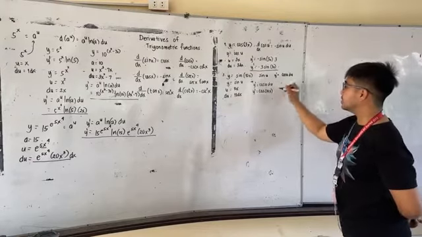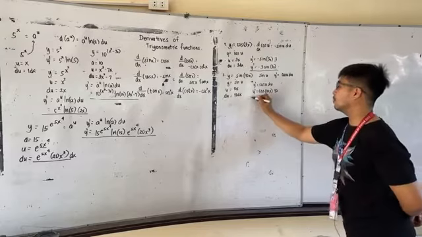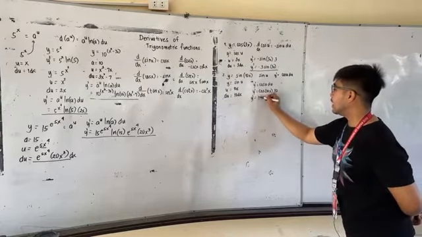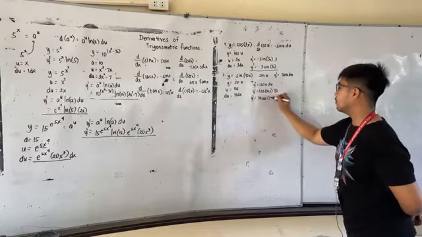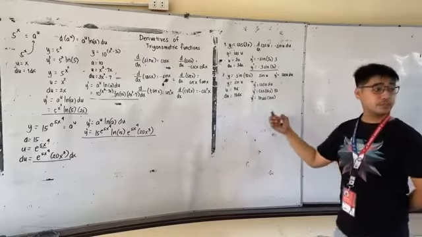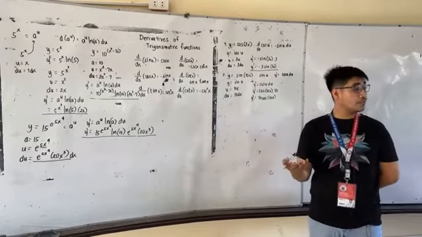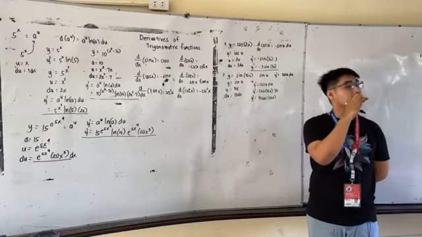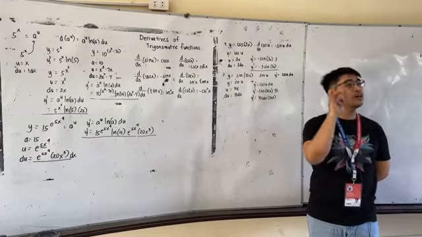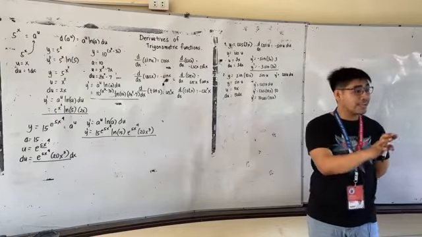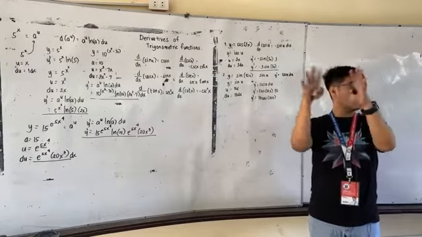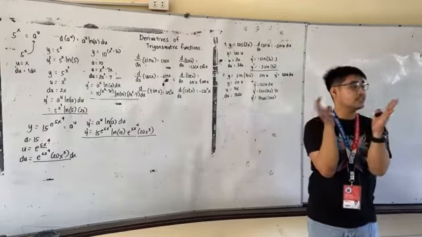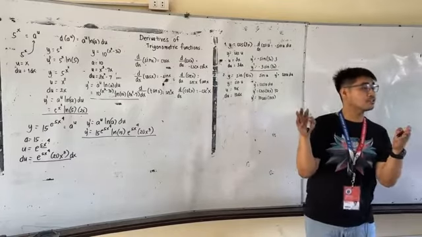Our du is 10 dx. Therefore, our y prime is 10 cosine of 10x. Did you get the relationship of u and the derivative of trigonometric function? Remember that always multiply the derivative of the inside to the derivative of the function.